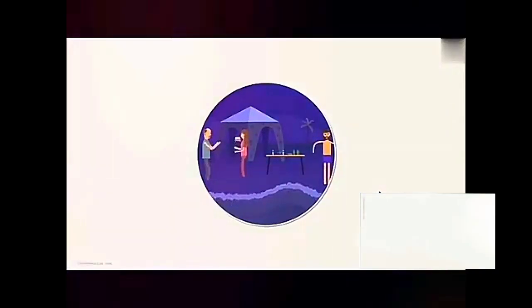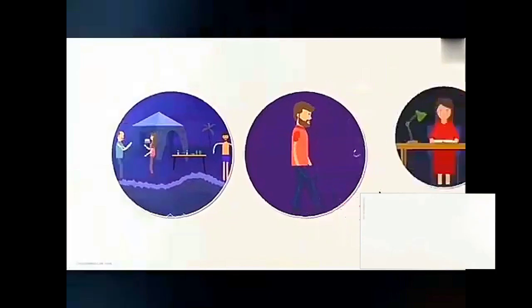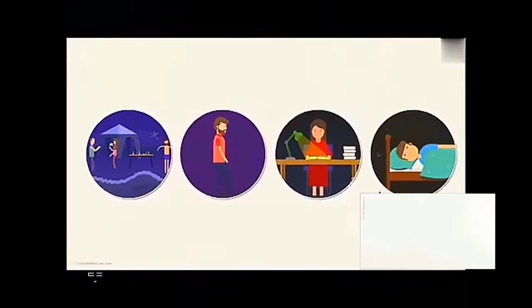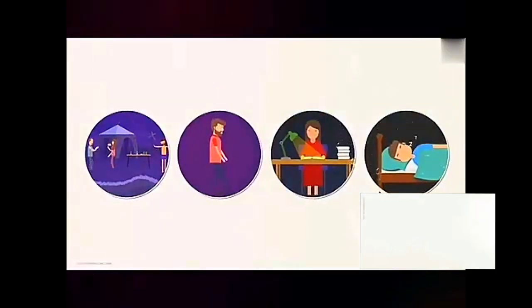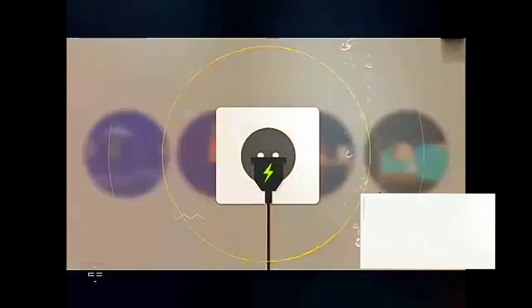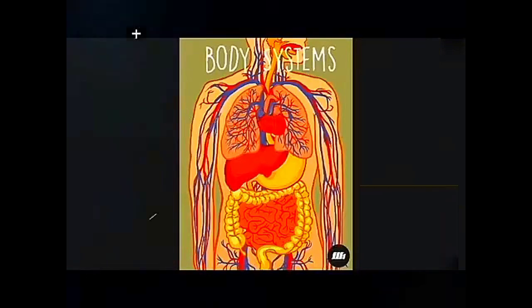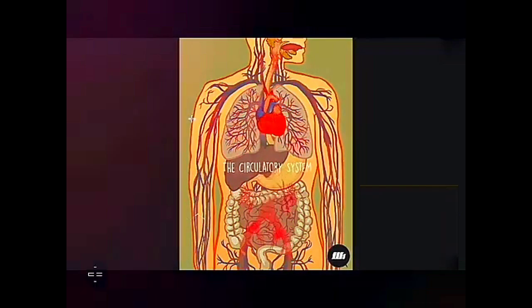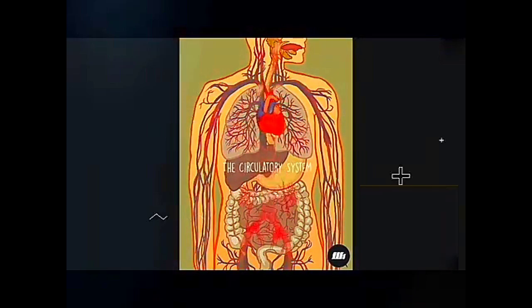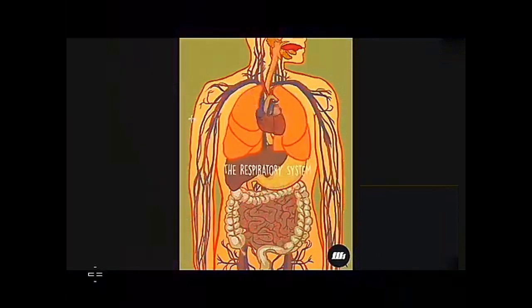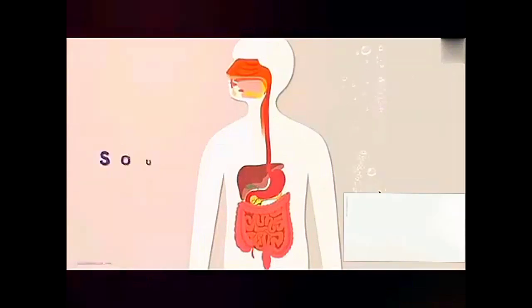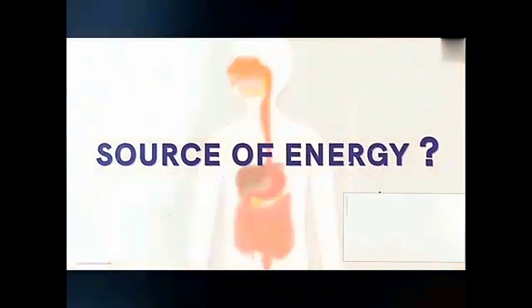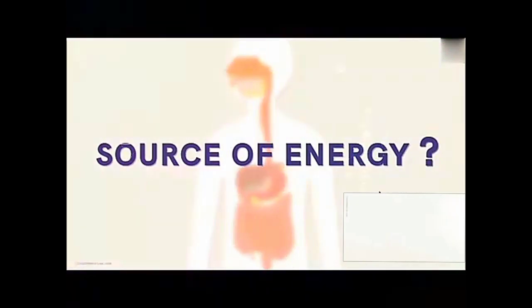Whether you're dancing, walking, studying, or even having a nap, your body is in constant use of energy. Similarly, all our body systems and cells are in constant work and they require energy. The question is, where do we derive this energy from?